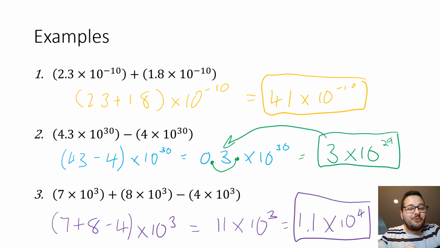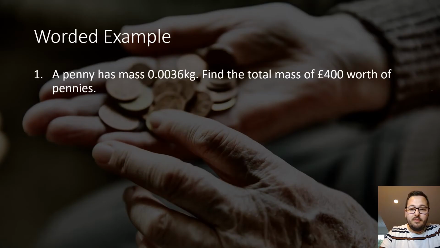Okay, and then just finish off with some worded questions then. Okay, so number 1, a penny has mass 0.0036 kilograms. Find the total mass of £400 worth of pennies. Okay, so what we want to do here is put them in standard form to start with.